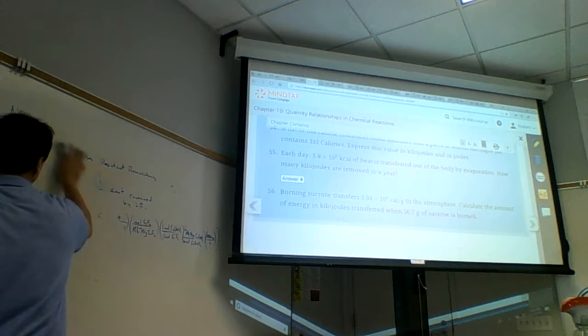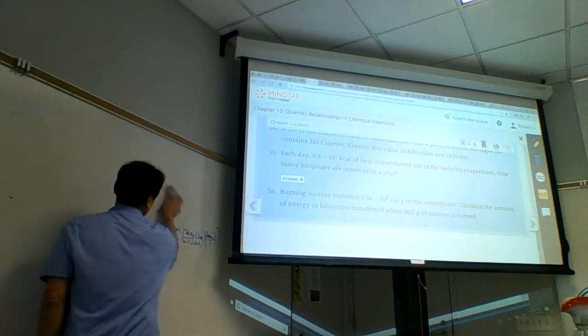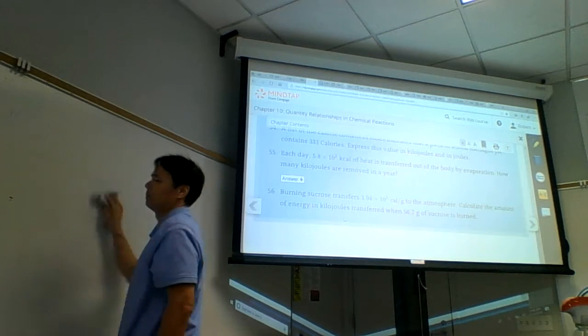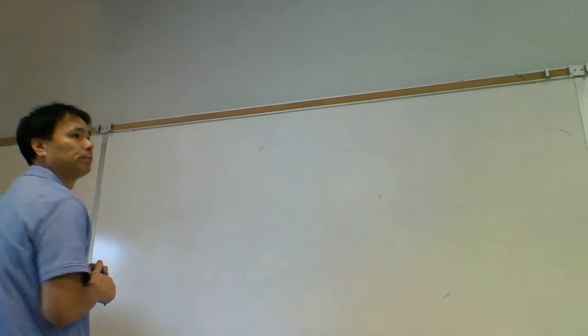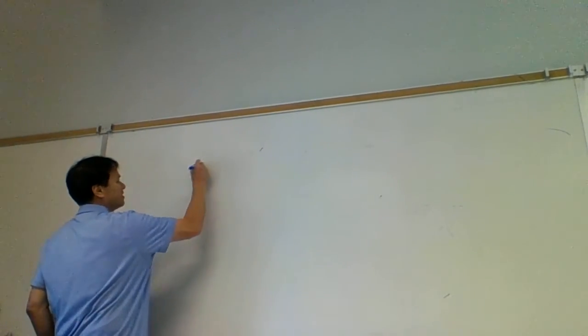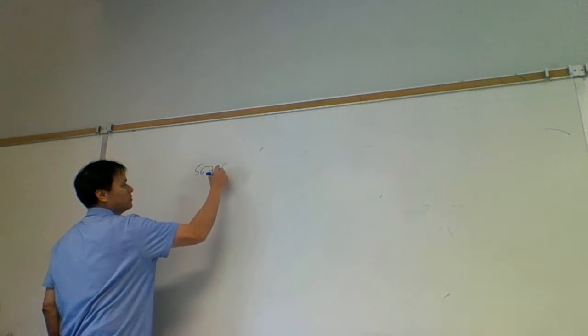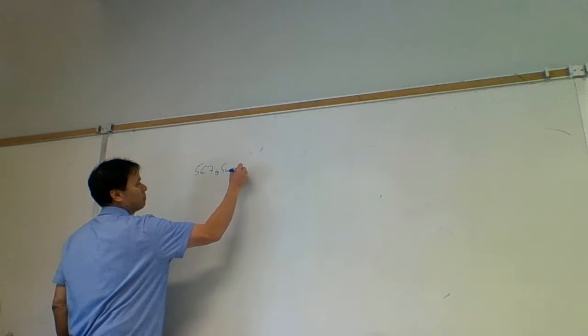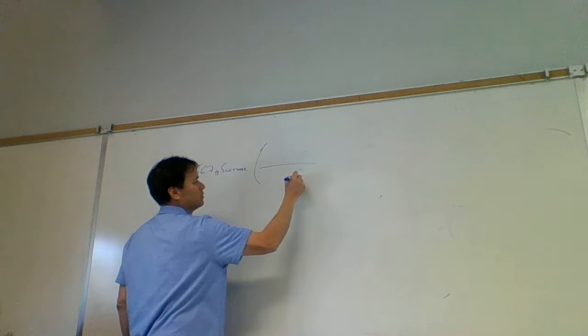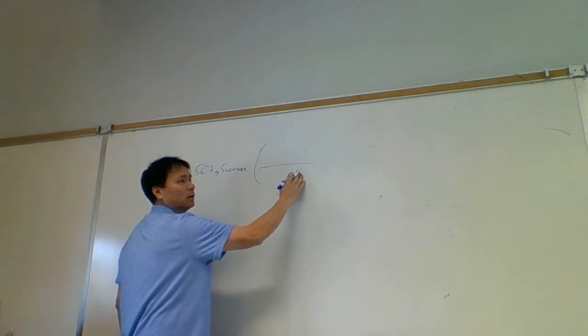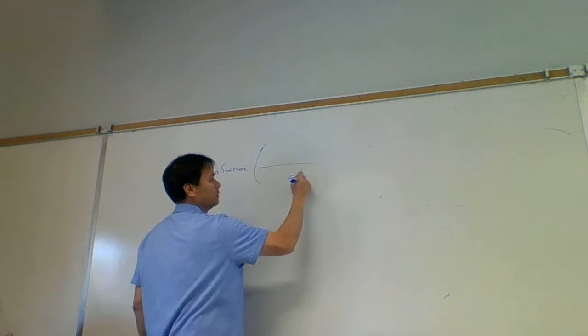We just look for conversion factors. So the fixed amount is 56.7 grams of sucrose. And what we'll do is look for something that gets rid of grams of sucrose. We actually have something that gets rid of grams of sucrose.